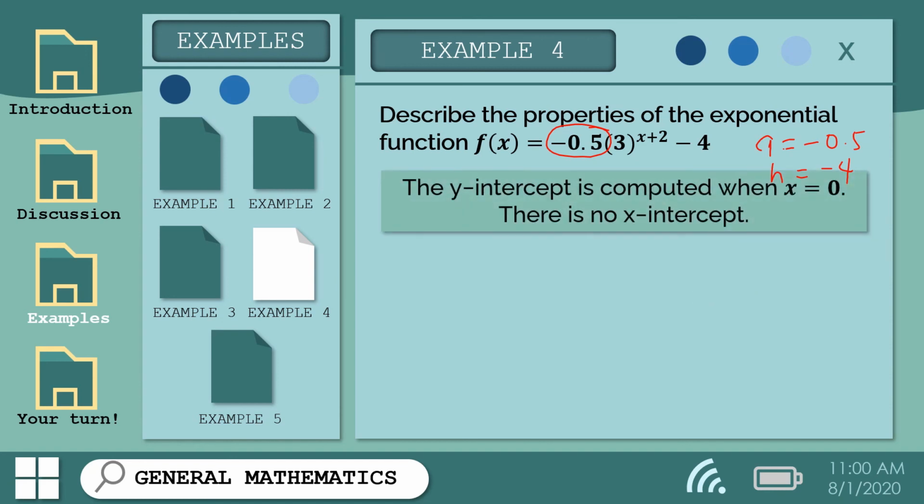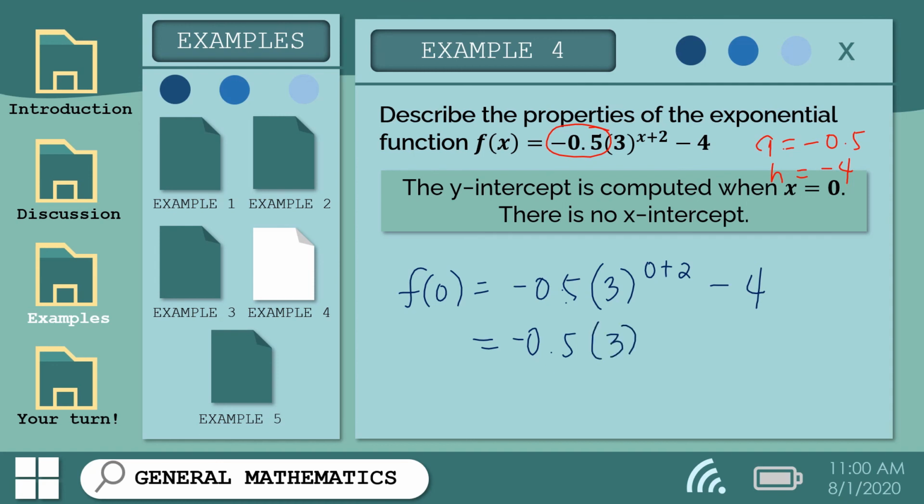So, what about our intercepts? The x-intercept is easy because we have none. But for the y-intercept, we just compute when x is equal to 0. So, f of 0. We have negative 0.5 times 3 raised to 0 plus 2, minus 4. 0 plus 2 is 2. 3 squared is 9.